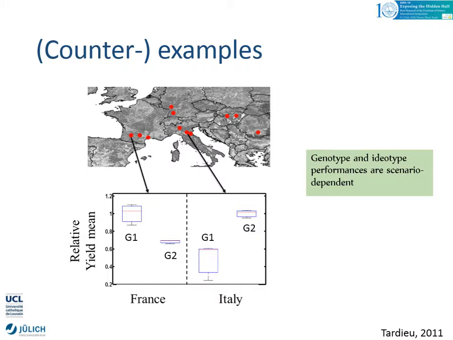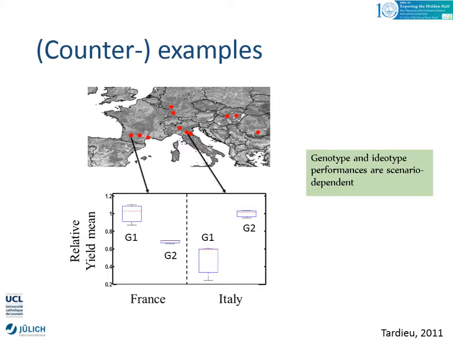Here we picked 2 genotypes, genotype 1 and 2, in 2 different locations, and you observe that the one that performs best under a given environment performs worse in another one. Everybody knows that, but it proves somehow that having ideotypes based on the same rules, whatever the climatic scenario, doesn't make sense.